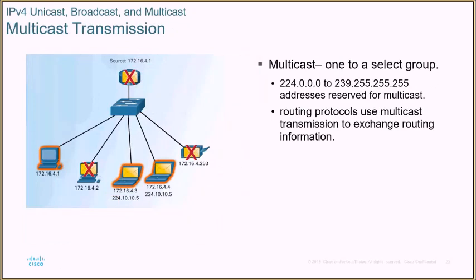And then there's a multicast, and there's a special group of addresses set aside, 224.0.0.0 through 239.255.255.255, reserved especially for multicasting. In this case, the source is this host here, and these hosts are interested in seeing that message, so they've joined a group.